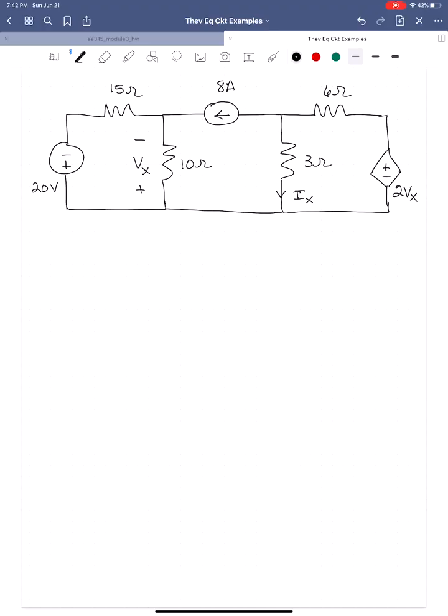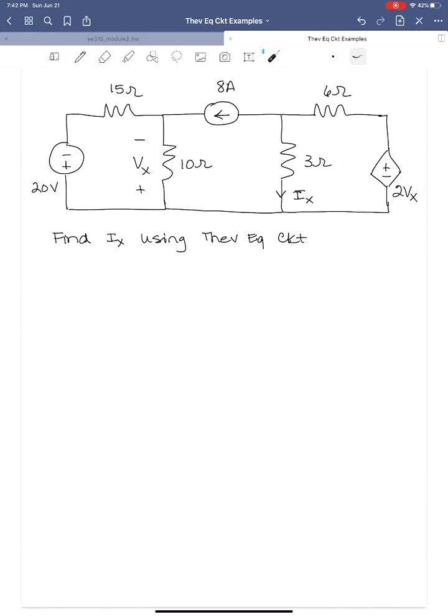Now I want to make a point here. We are going to find Ix using a Thévenin equivalent circuit. But what if you wanted to find the voltage Vx using a Thévenin equivalent circuit?